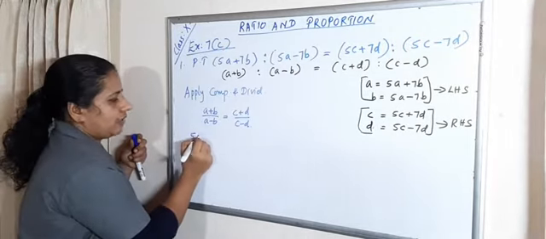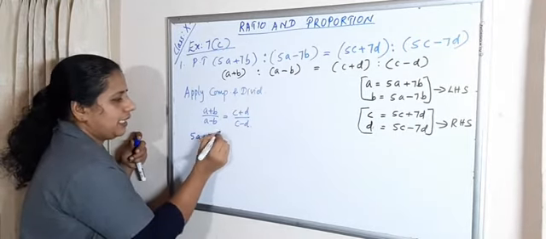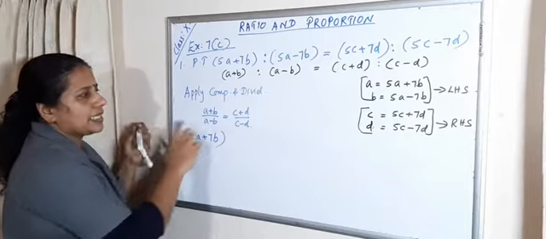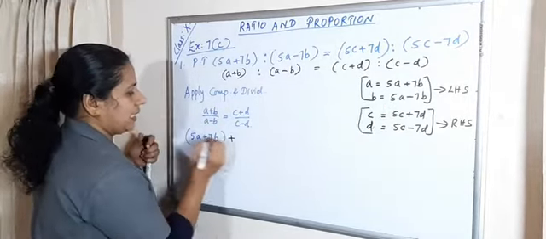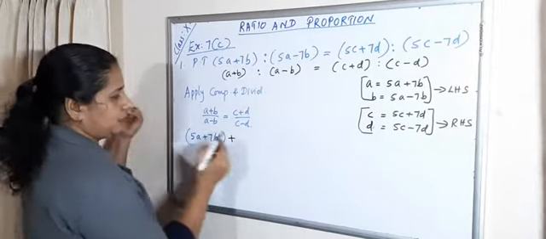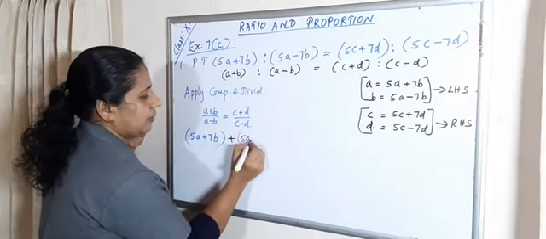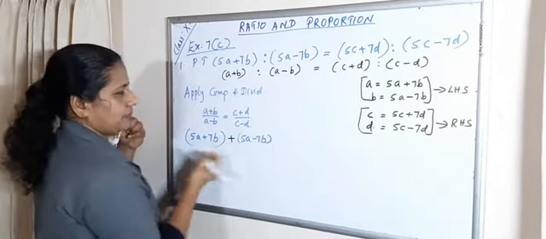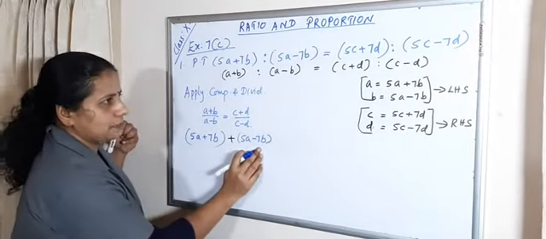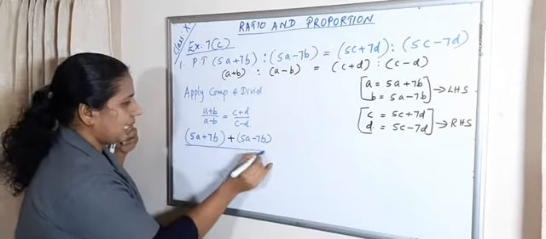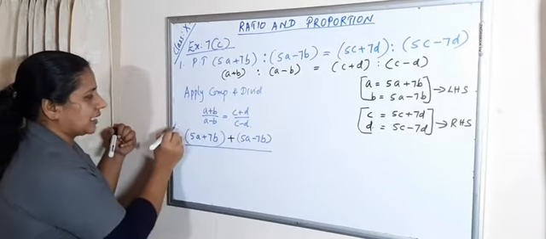A is 5A + 7B, plus B. What is B? Plus B means 5A - 7B. Okay? (A + B) by (A - B). First you take the LHS part.